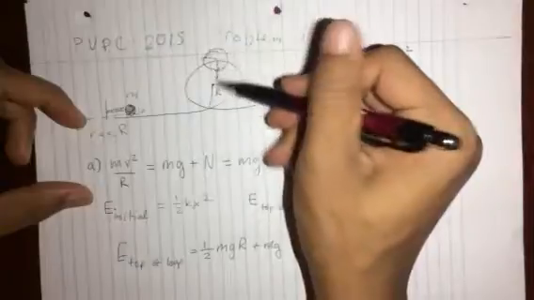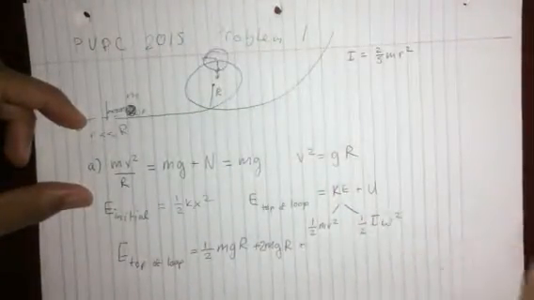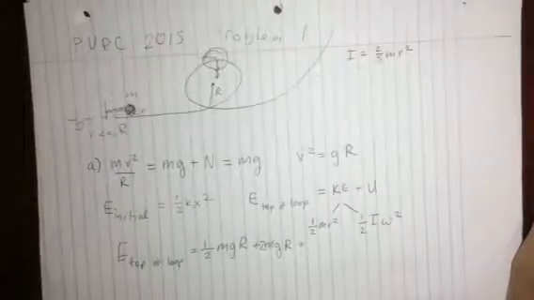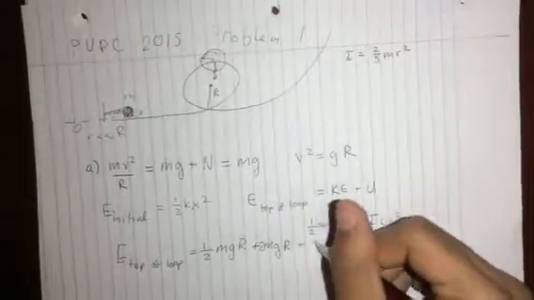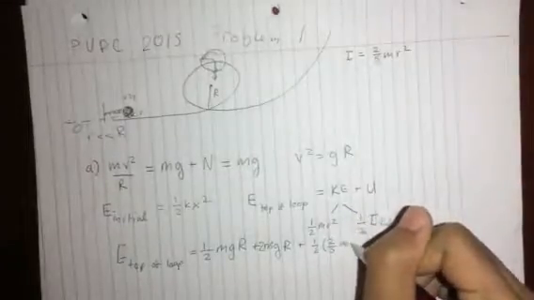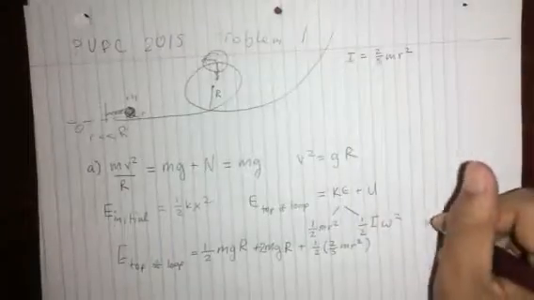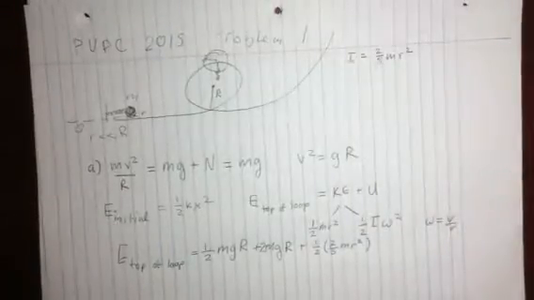The height is twice the radius, so 2mgR. Then plus the rotational kinetic energy, which is 1/2 times I, which is 2/5 m little r squared, times omega squared, where omega is v over little r.